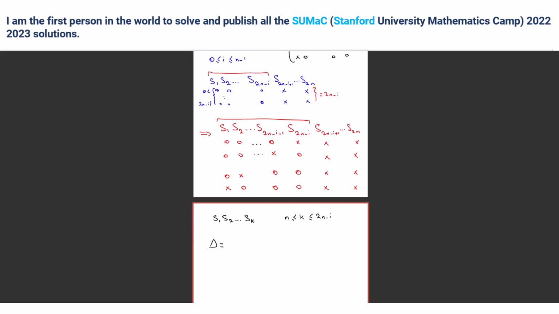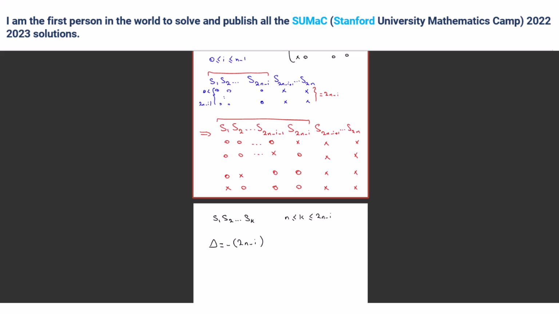Delta on which one? On just S1 to SK? And you decrease that by k. Isn't it just minus k? Negative 2n minus I, right? Because of this, right? Wait, I thought it's k. What are you defining k as then?